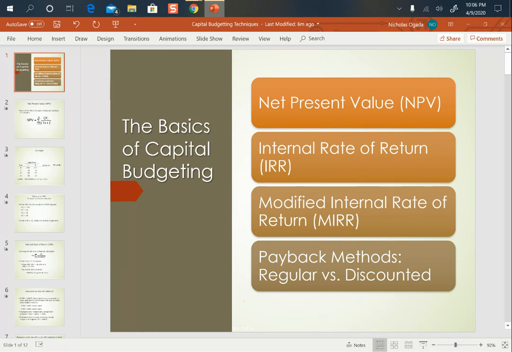So what are we trying to say in this presentation? I'm only going to give you some of the tools that we use to make capital budgeting decisions. For example, let's assume you want to invest in a number of projects, and you have more than two or three projects to invest in.